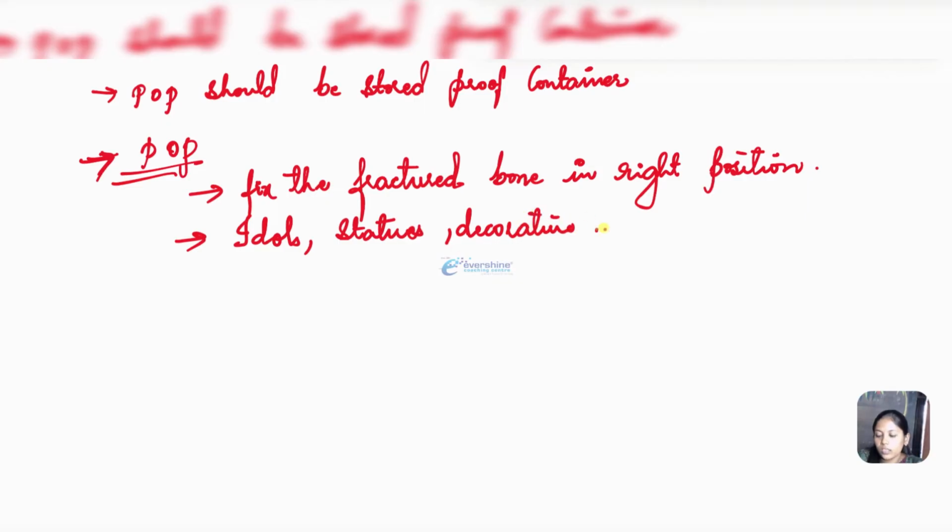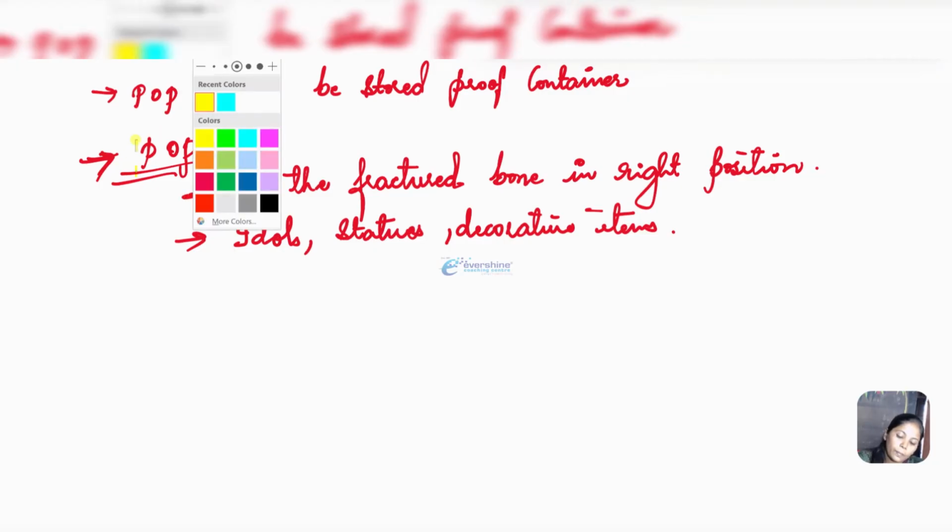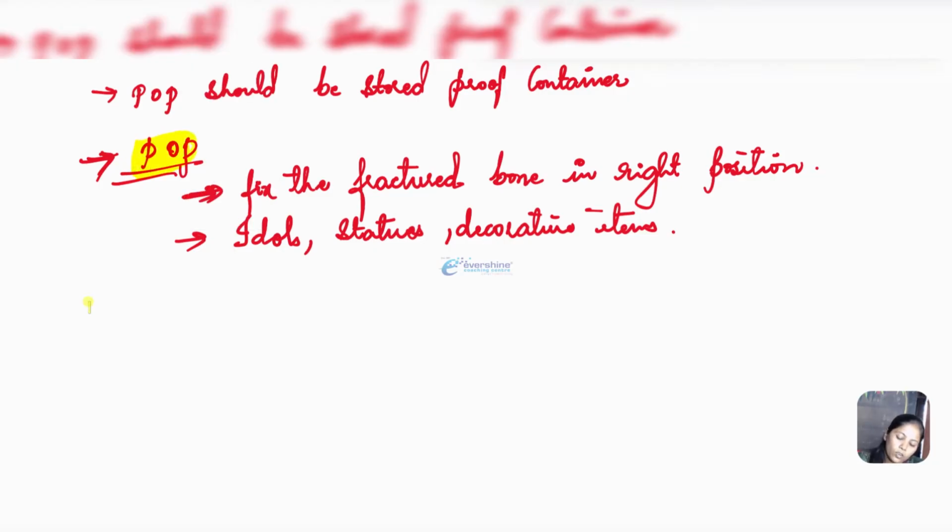So these are all the uses of POP. Okay, so for the exam you need to study uses of all salts related to this lesson. So this is all the important topics related to acids, bases and salts.